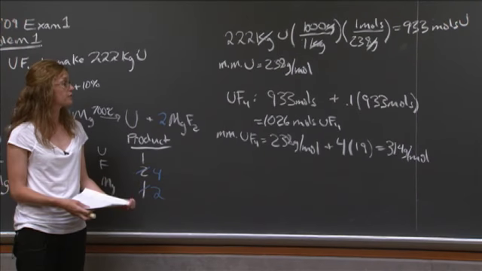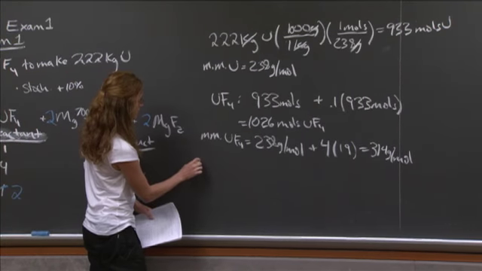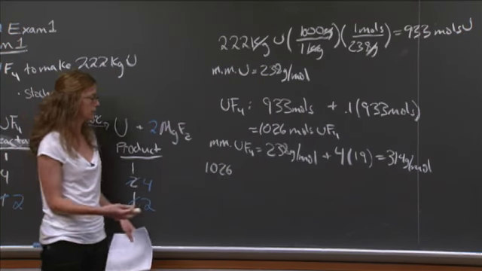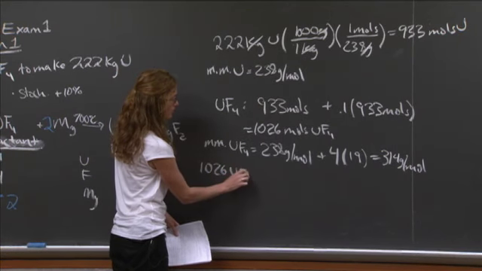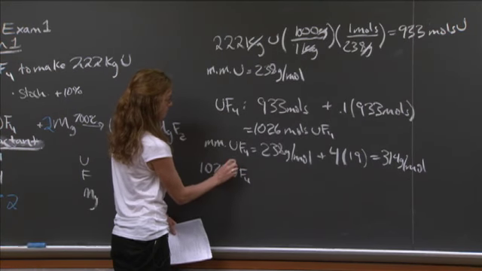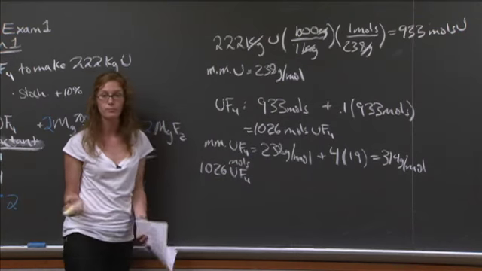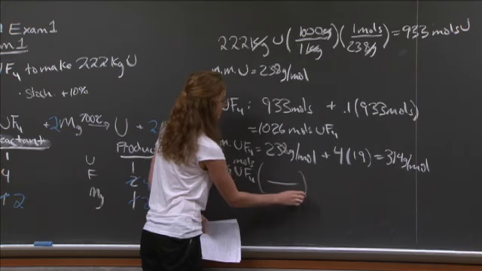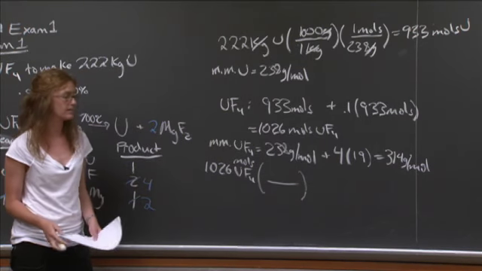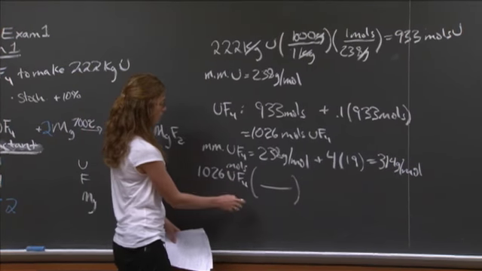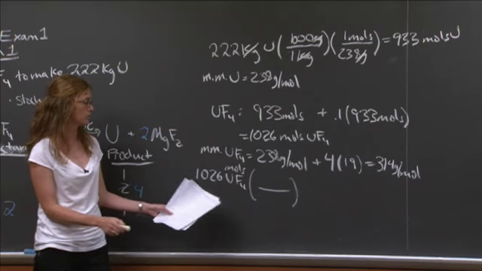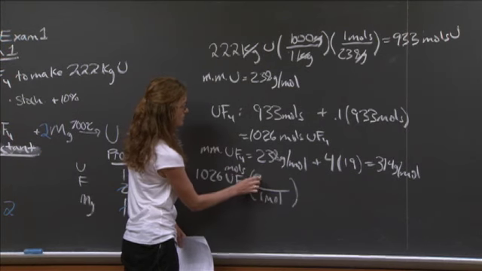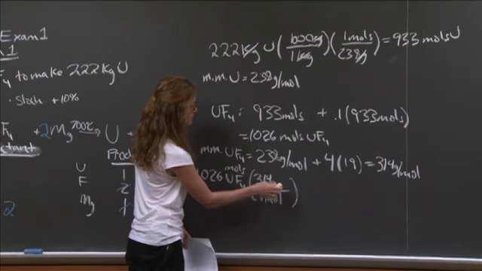So we do our unit conversion again. This is my favorite way of doing stoichiometry, unit conversions. You may have another way that you learned in high school or later on. But this way I know that I'm keeping track of my units and everything's canceling out correctly. So we have 1,026 moles uranium tetrafluoride. We use the molar mass we just determined.